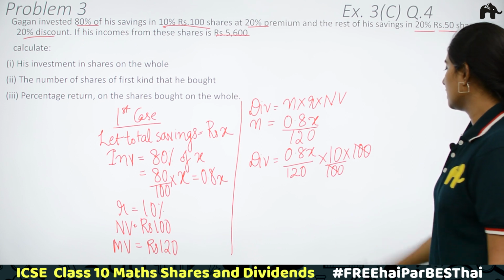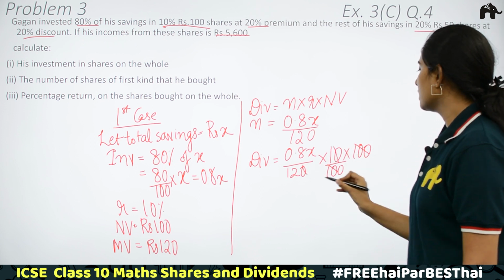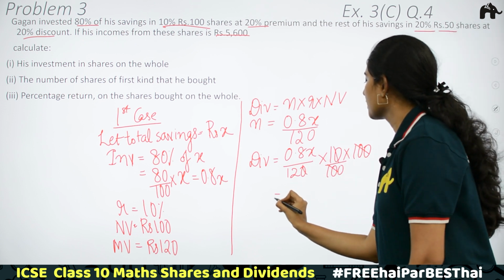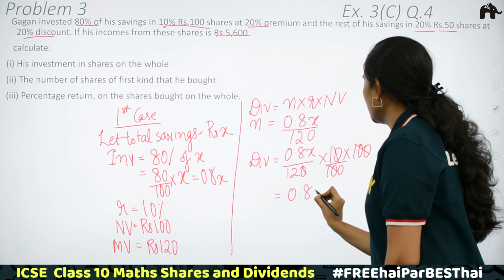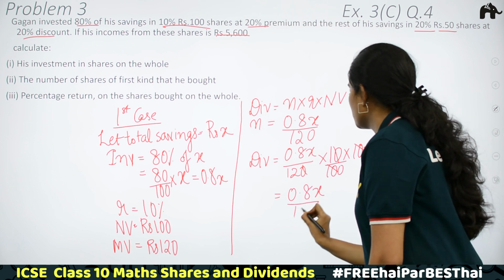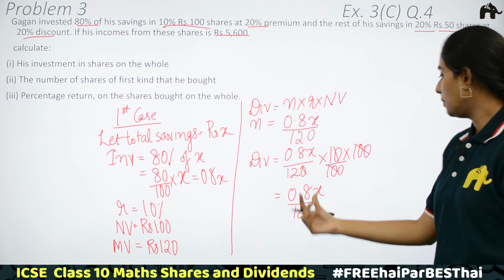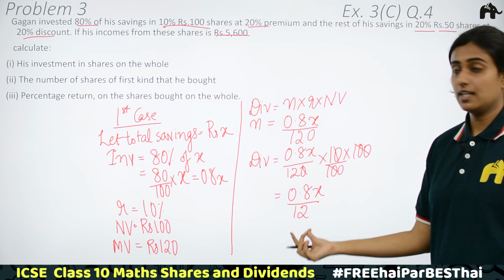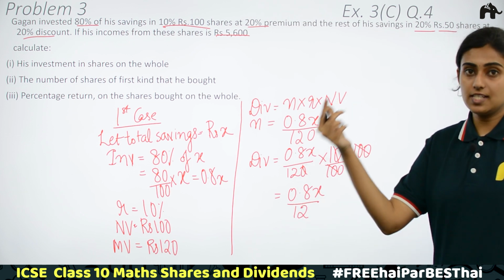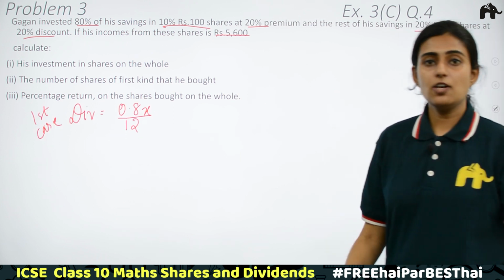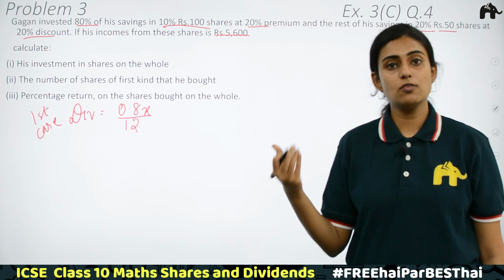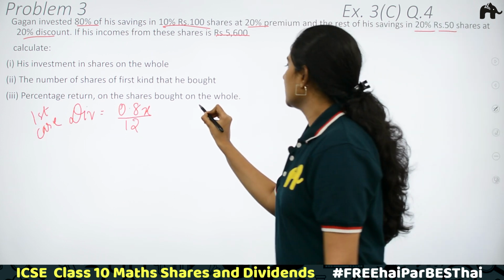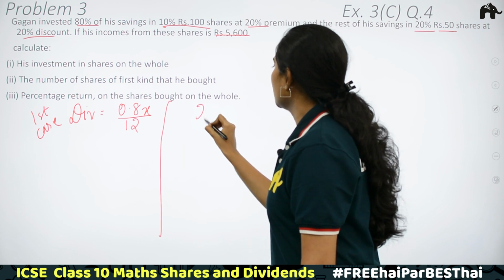Cancelling the zeros, you will be getting 0.8x by 12. This is for the first case. Clear? Now let's find for the second case what the dividend is.